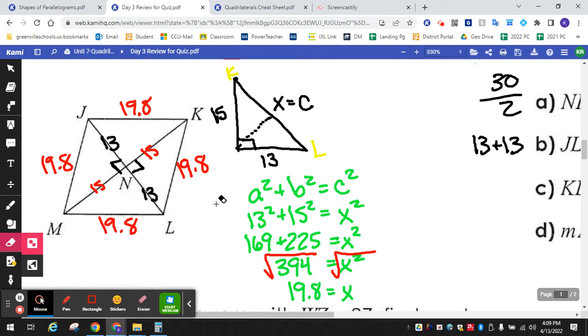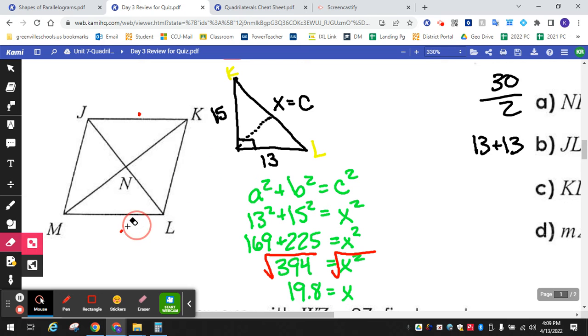All right, I'm going to erase it because then we're going to talk about just the angles. So they give you that M to K to L is 41 degrees.